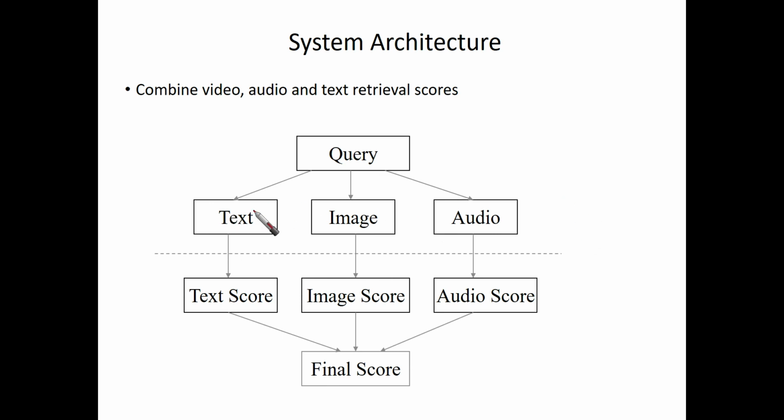Ultimately, you find the text, the image, and the audio from your query, and based on your search you give some score on the text that you find, some score on the image features, and some score on the audio. So ultimately you have a text score, image score, and audio score. You combine all of this together and come up with a final score.